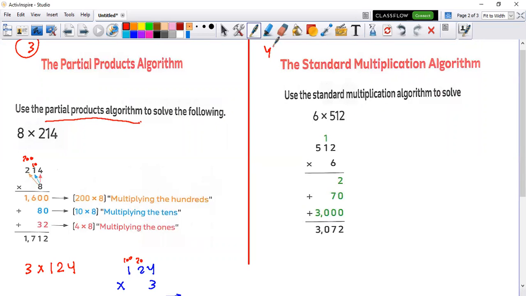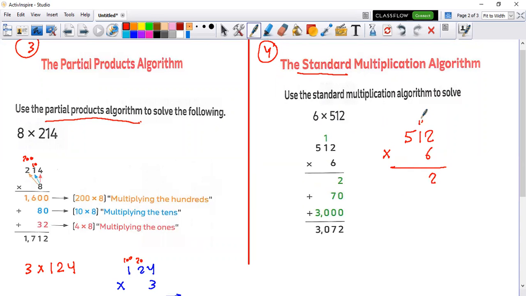The last strategy is the standard multiplication algorithm. For example, 6 times 512, we can solve it by another simple way. 512 times 6. 6 times 2 equals 12.